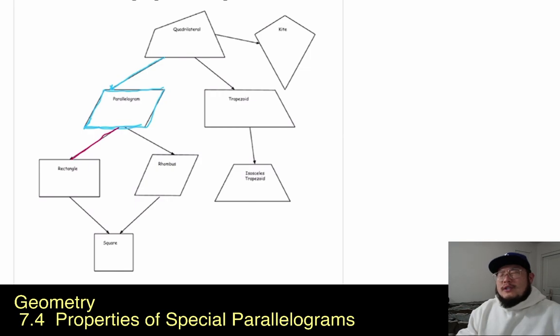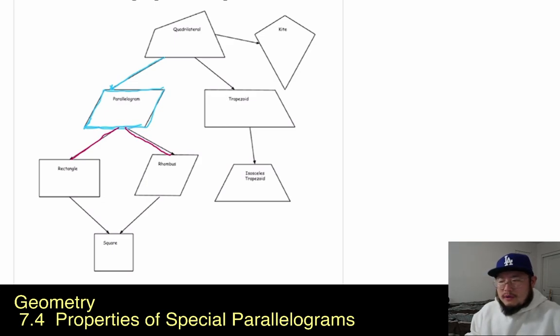One thing I want you to understand as we go through the properties of quadrilaterals is that all of these shapes on the left-hand side, the parallelogram, rectangle, rhombus, square, are all quadrilaterals. They're all four-sided figures. The difference is that as we get down on the flow chart, it becomes much more specific as far as the characteristics of the quadrilateral.